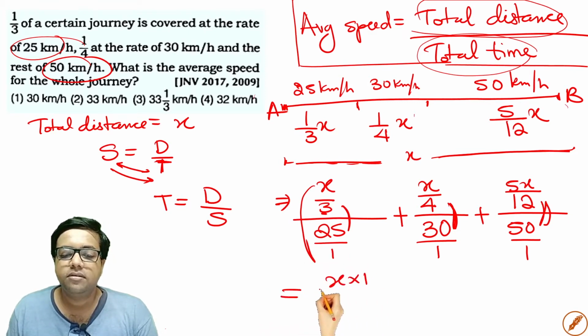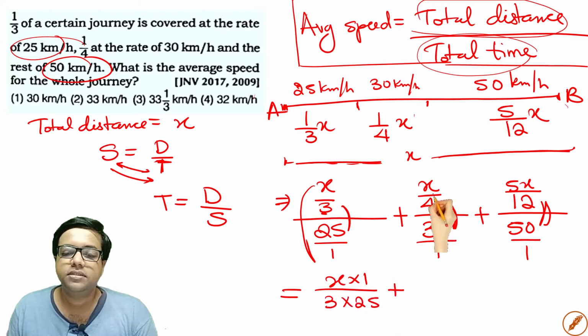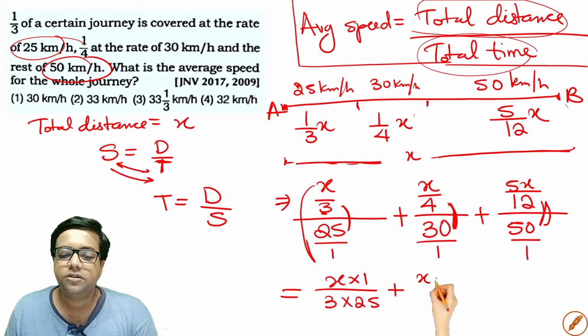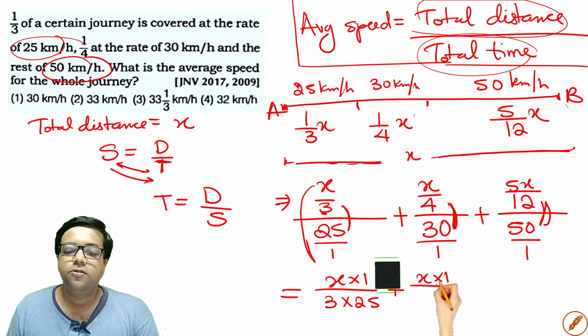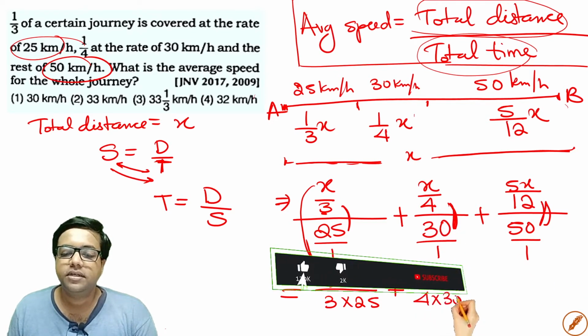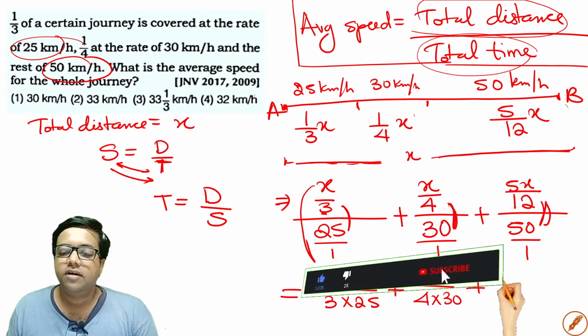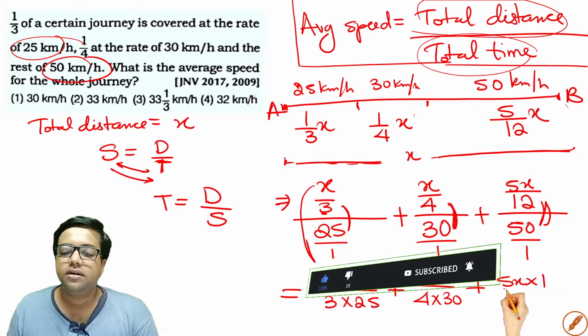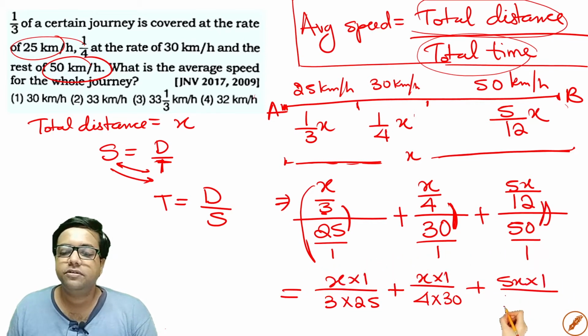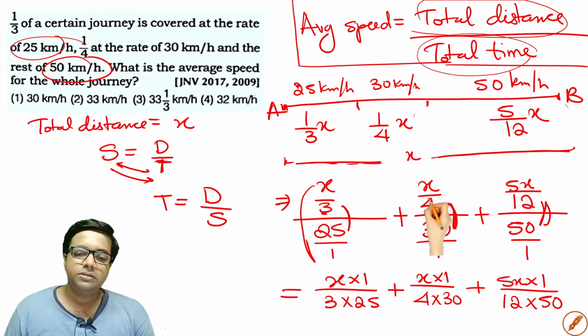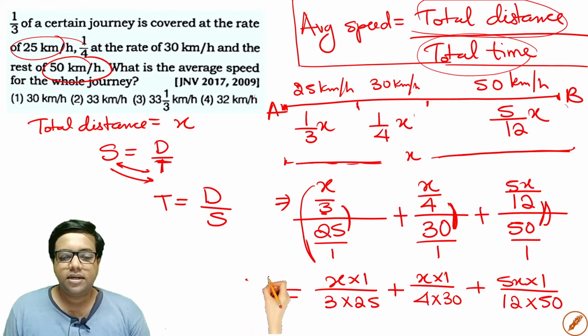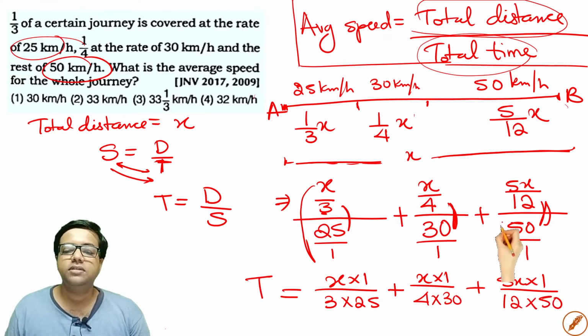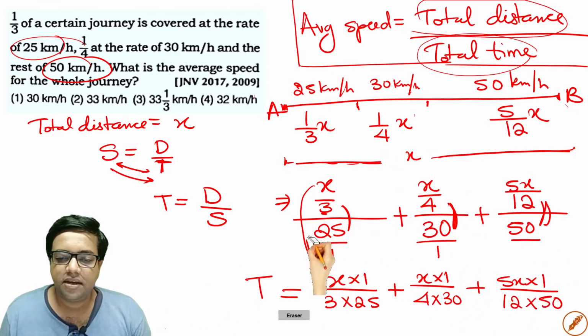X into 1 by 3 into 25 plus x into 1 by 4 into 30 plus 5x into 1 by 12 into 50, right? So I think this is the total time of the journey.